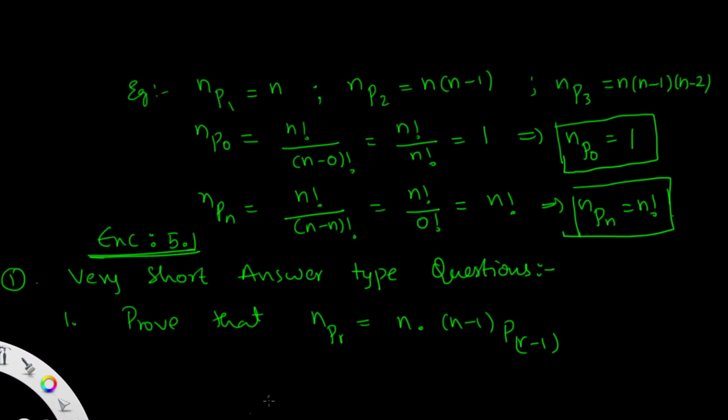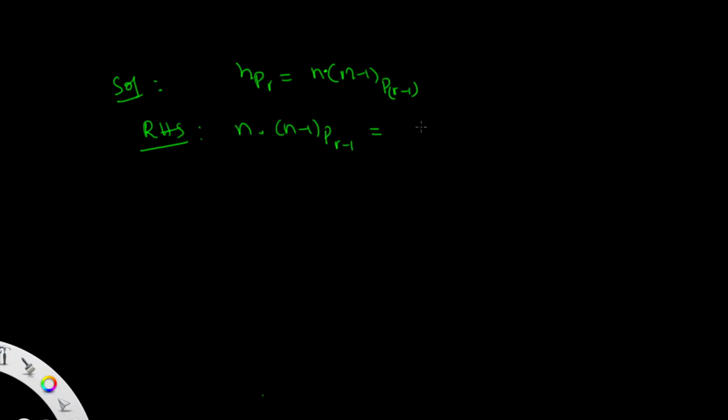So the basic formulas I am writing on the next page. That is the solution. What we have to prove is nPr equals n into (n minus 1)P(r minus 1). I am taking the RHS now, n into (n minus 1)P(r minus 1). Keep n as the same. Now we have learned the formula nPr equals n factorial by (n minus r) factorial.